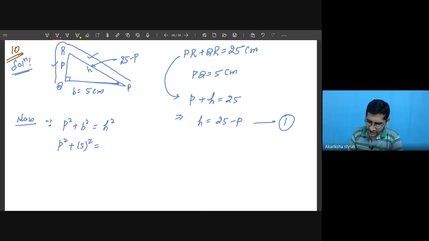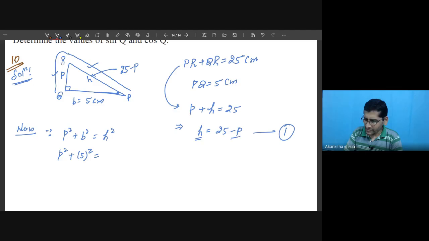What is H? We have to write H in terms of P so that it becomes a one-variable equation. So it is 25 minus P, whole square, using equation 1.